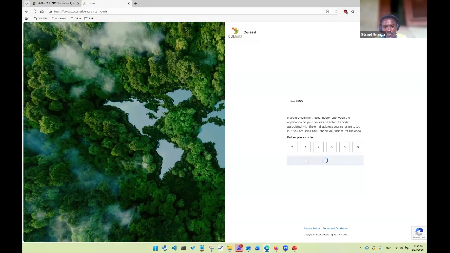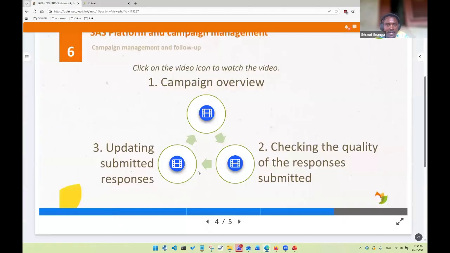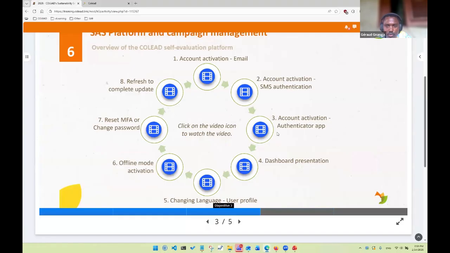68, click on connect. In my SAS course, I already show you step by step how to proceed to enable it on your account if you choose SMS authentication, and how to do it if you want to use an Authenticator app. I want to highlight here that, from the last information that I got, SMS authentication is not working in all of the countries.